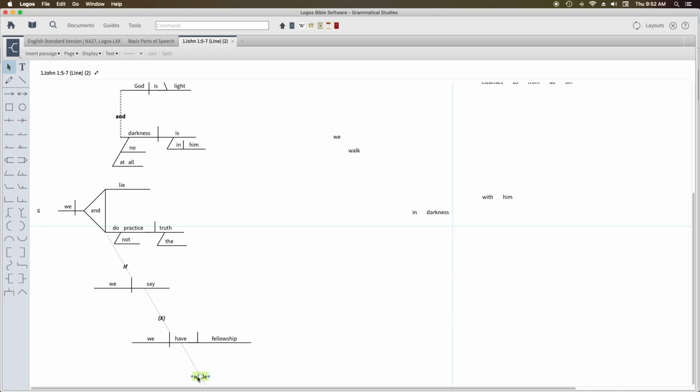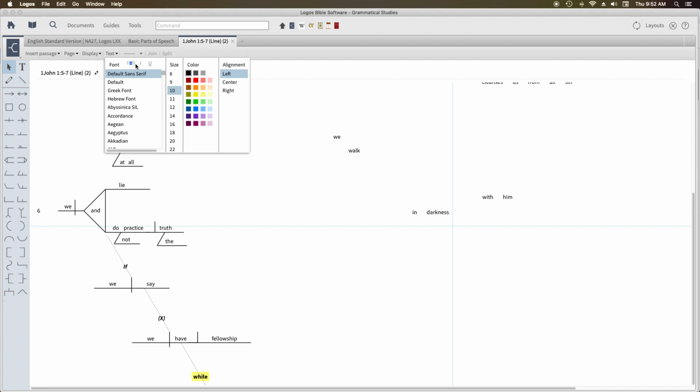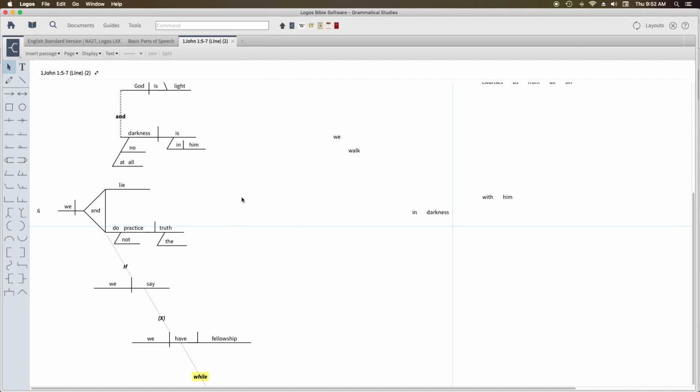So I'm going to take the word "while," and since it's subordinating, we're going to bold and italicize it. While, and then you have here. And let me go ahead and do this prepositional phrase, because this is we have fellowship with him.